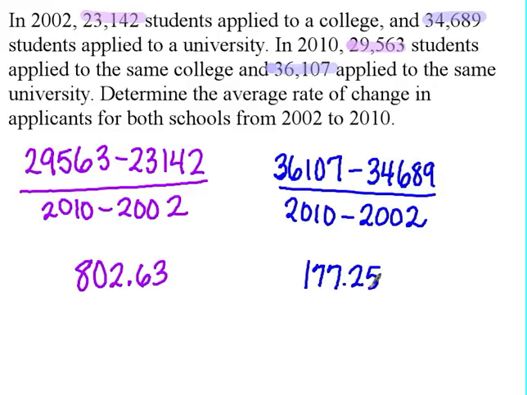So why do you think that is? Why do you think you're so much higher for a college than a university? Cheaper. No, it kind of depends. In this case, you're having more of a change in a college as opposed to a university. Sometimes universities have stricter requirements to get in as opposed to some colleges. Especially UNL.